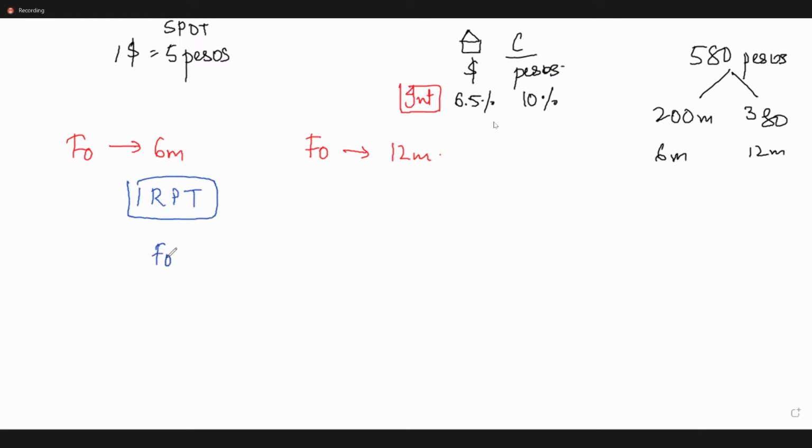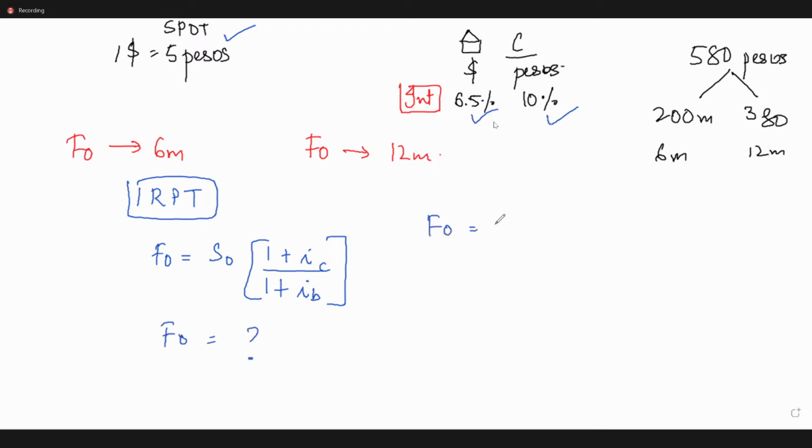What does it tell you? F0 is equal to S0 into interest rate in... right. So solve. Spot rate is given to you. Interest rates are given to you. So how much will be the forward rate for 6 months and how much will be the forward rate for 12 months?